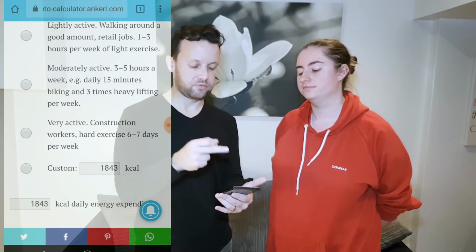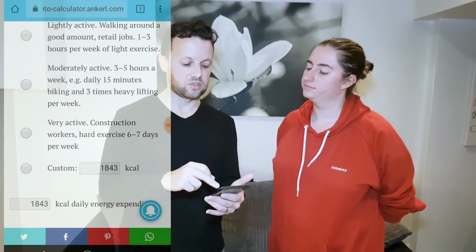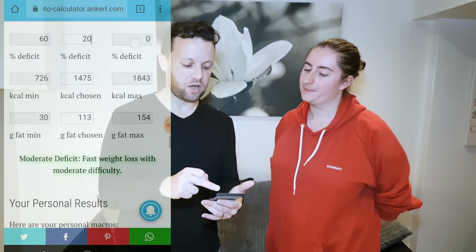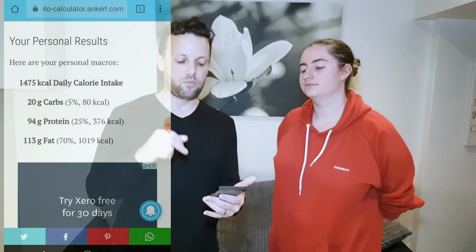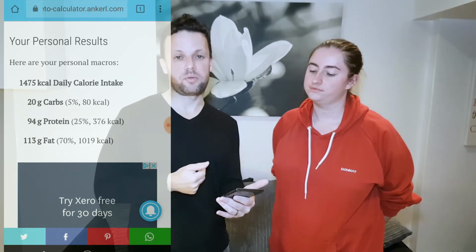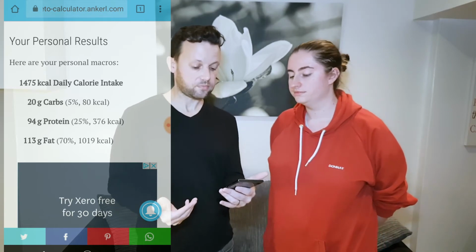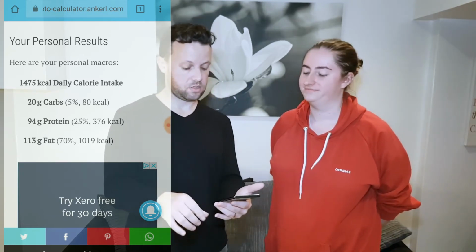For your activity level, 1800 is usually the average energy expenditure. And now your macros are based on 1475, with 5% coming from carbs, 25% from protein, and 70% from fat. So now you've got this, you need to enter it in MyFitnessPal.